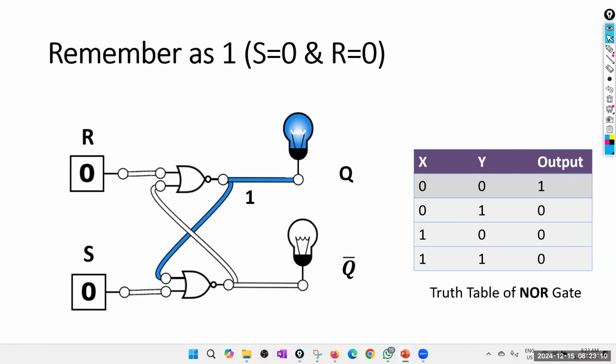That is, while it is in the set state, we put it back to both 0. Now what happens? Remember, when at least one input is 1, the output is 0. Right?